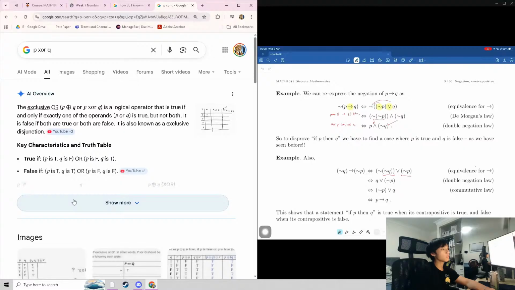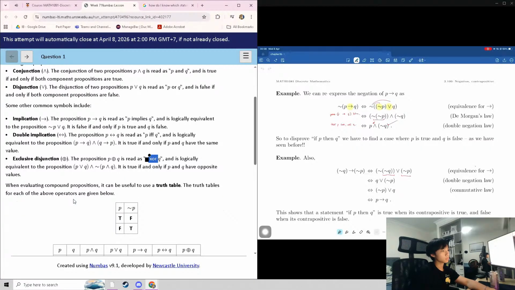It is false if both are true or both are false. Okay.